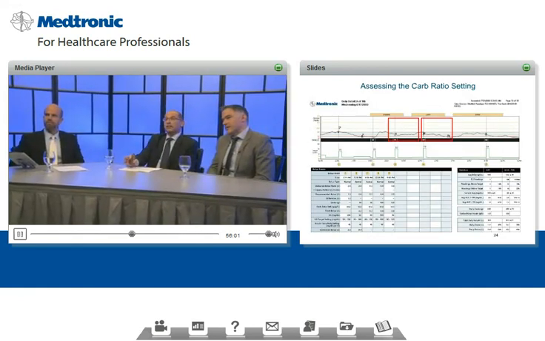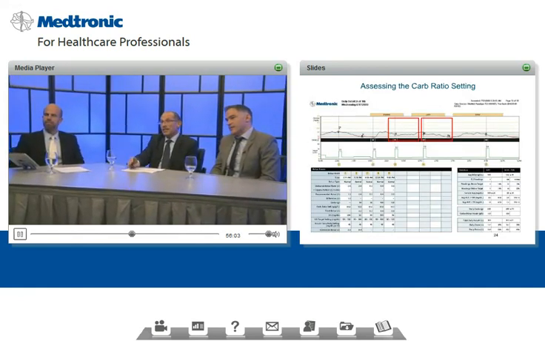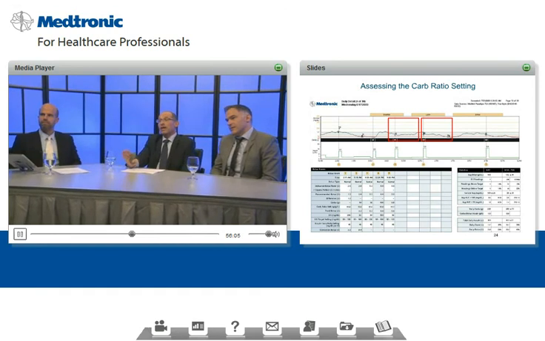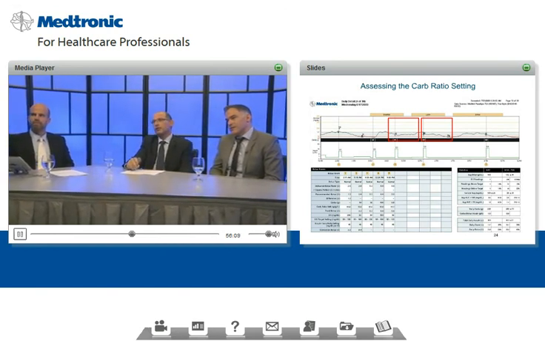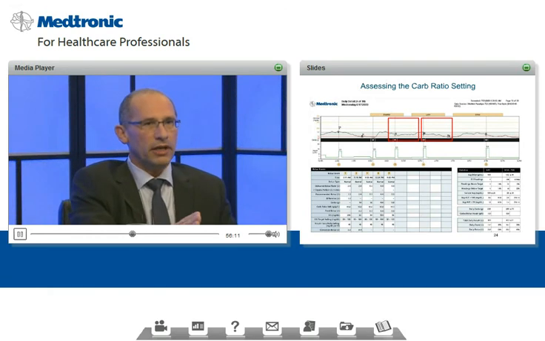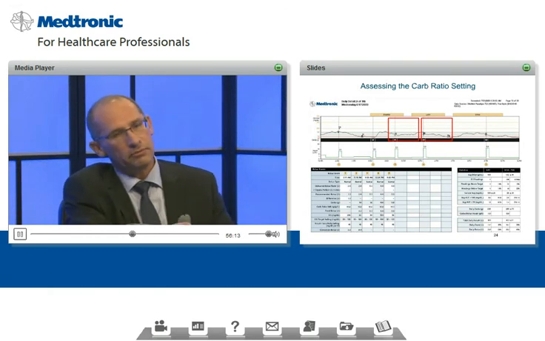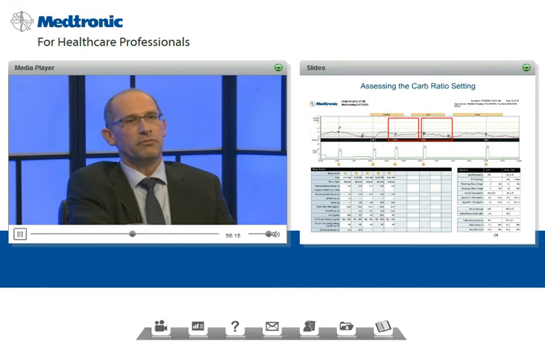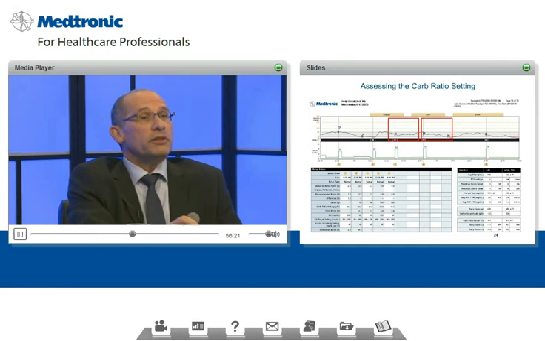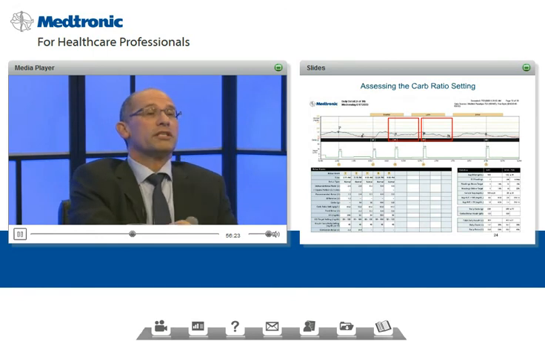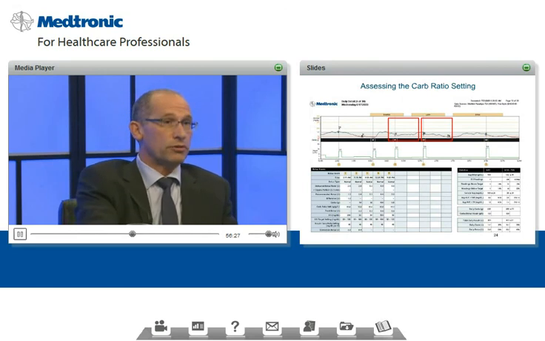But you can also get data from looking at specific information from downloads on a specific day. This is a nice example where you can look at 2 meals, the late breakfast and the lunch meals. You look through the daily details and look at specific meals where the beginning of the meal was exactly on target, so the patient did not need to do a correction bolus.